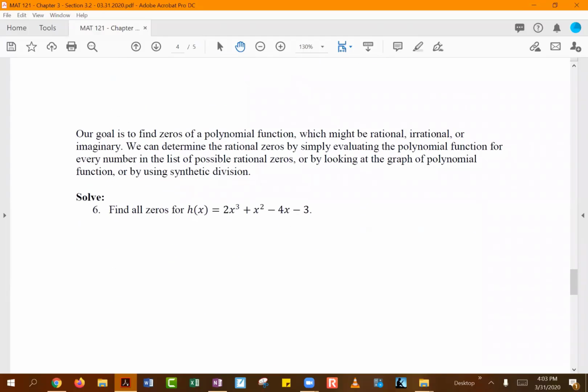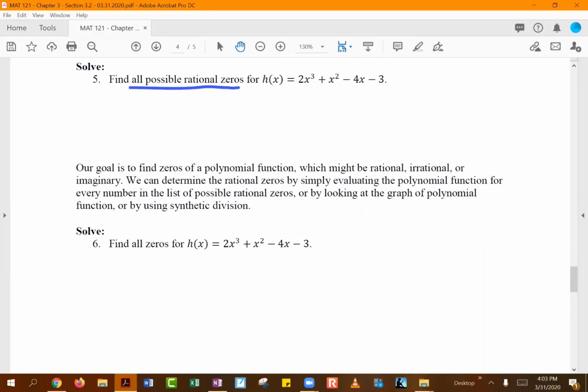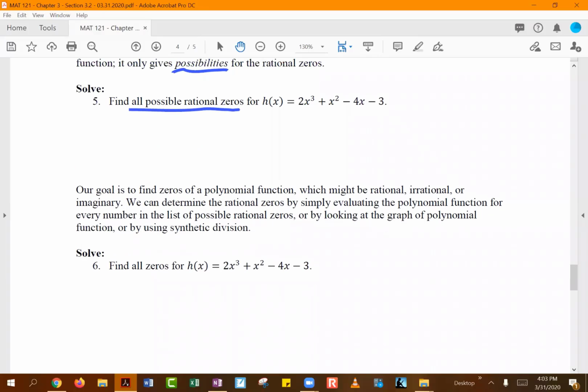So for number 6, this is actually the same example that you just looked at in number 5. They're asking us to find all the possible zeros, so we're going to be checking all those 8 options that we got in number 5 to see which one of these will give us 0 as a remainder.